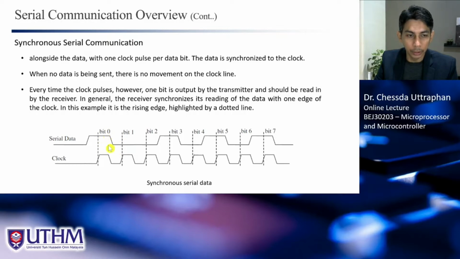The value of this one is 1, because if we read the data at the positive edge, the value of the data is 1. For this one the value is 0 for bit 1, and here 0, this one is 1, and so on. So that is how we recognize the data that we receive at the receiver.